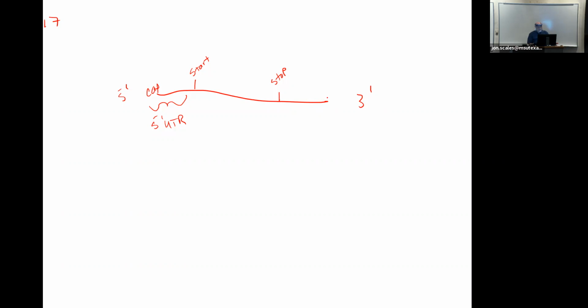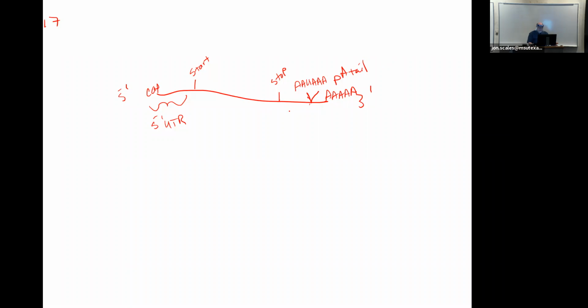The poly A tail would be on the end. So you could either draw A's here, or I'm just going to draw it hanging off the end further. So that's my poly A tail. And 13 nucleotides before that is my polyadenylation signal, AAUAAA.